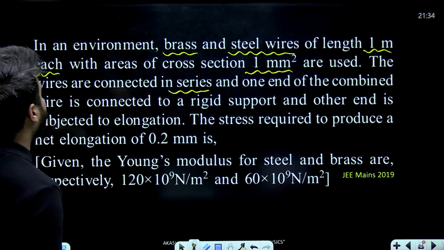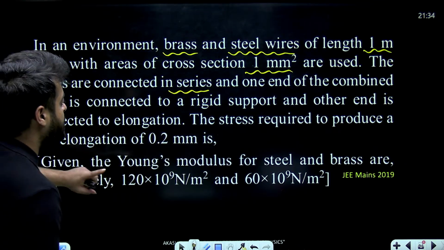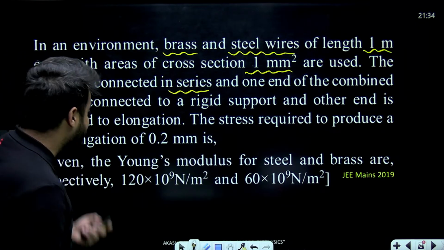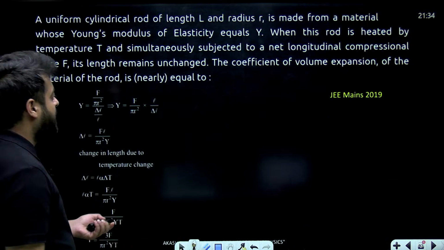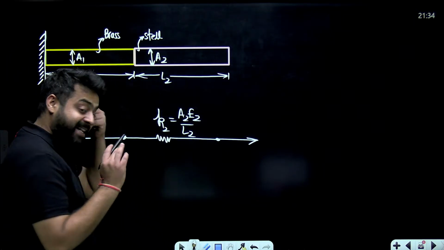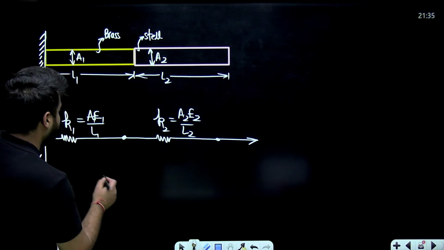One end of the combined wire is connected to a rigid support and the other end is subjected to elongation. The stress required to produce net elongation of 0.2 mm is what? They are saying the total stretch, the total x, is 0.2 mm. Can I determine the K equivalent?